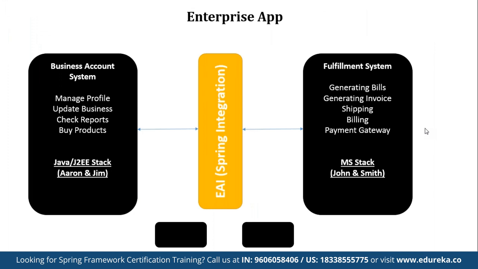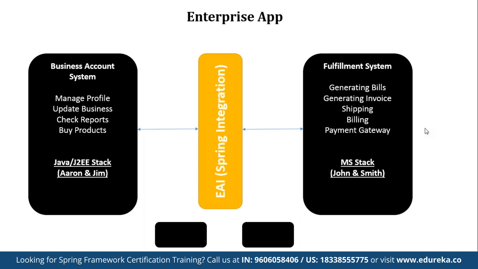Let's say one of the systems is a business account system, which has some functionalities like manage profile, update business, check reports, buy products, which is built on top of the Java J2EE stack, and it is developed or maintained by some team. Then we have fulfillment systems, which take care of generating bills, generating invoices, shipping, billing, and payment gateways.